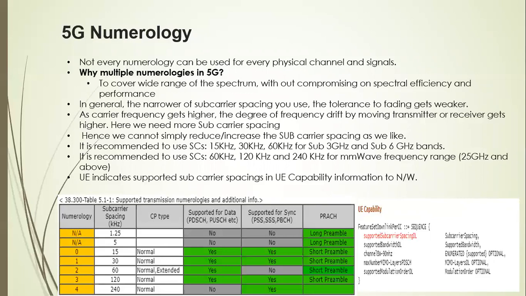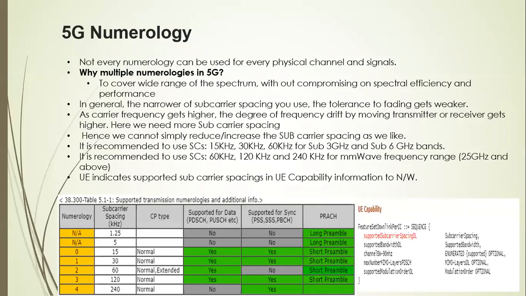And this subcarrier spacing is not fixed. In any particular cell, the network can dynamically change the subcarrier spacing at any time, depending on the scenario or depending on the need. Hence, the subcarrier spacing needs to be communicated to the device and vice versa.